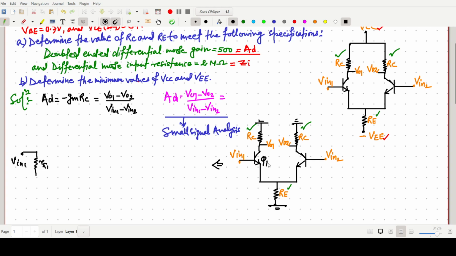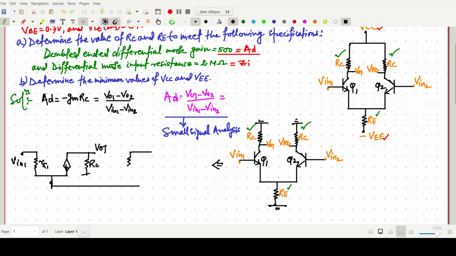This one is the Q1 transistor, this one the Q2 transistor. Then for the transistor, RC and V naught 1, and it will be connected together.